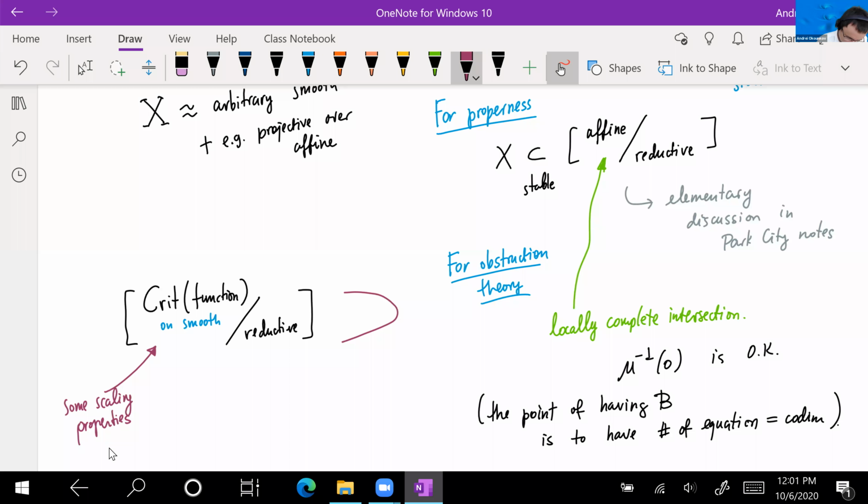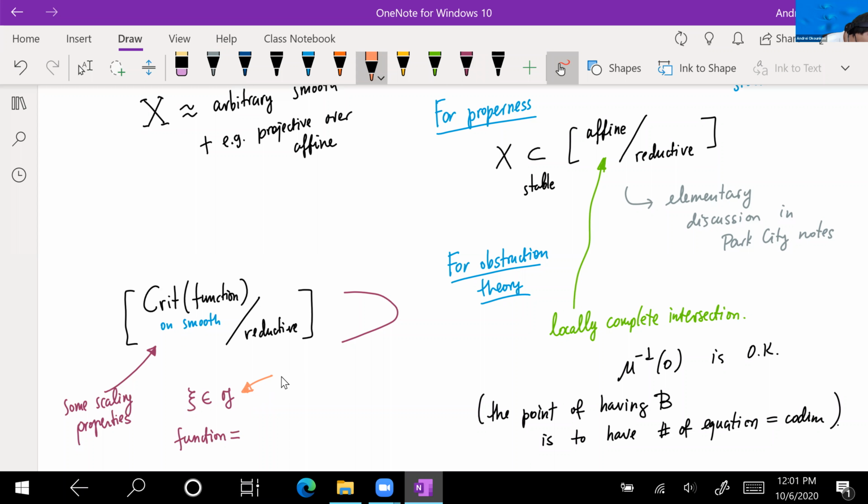So you introduce psi in the Lie algebra, and you define the function, this is an extra variable, to be the pairing of psi with mu.